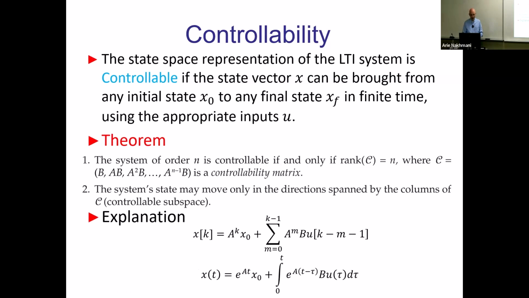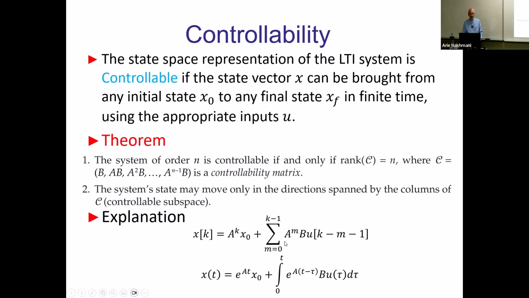If you remember, we had that type of solution for X, an explicit solution for any state X for a discrete time system, and this one for a continuous time system. So pay attention that this matrix, these columns, these vectors appear here, which means that the solution is always a linear combination of these vectors.